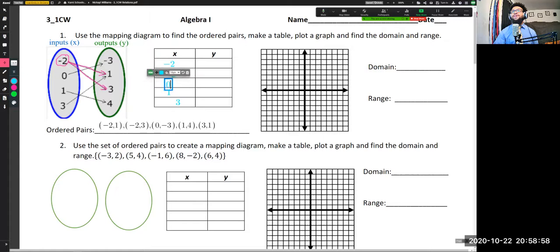So now that we've written out our X values, right from our ordered pairs, we could have also gone from our mapping diagram, which is super cool. I like that very much. We're going to write out our Y values, and those are going to come right from this ordered pair list down here. So our Y, we're going to try and do that one in green.